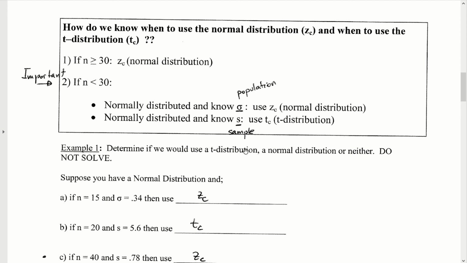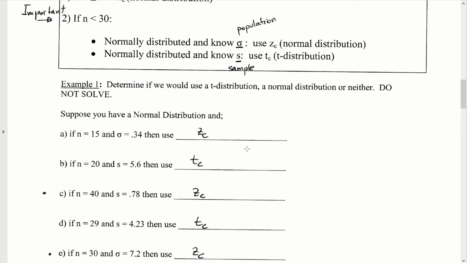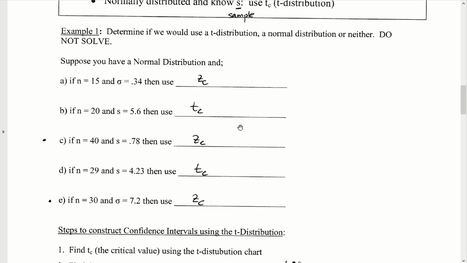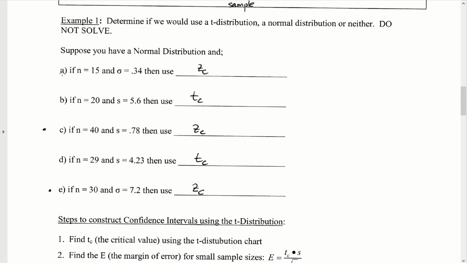Let's take a look at example 1. They don't actually ask us to solve anything, just to determine whether we would use a t-distribution, a normal distribution, or neither. In example 1, part A, we have a sample size of 15, so it is a small sample size. However, because we know sigma, which is the population standard deviation, that will allow us to use the z-score.